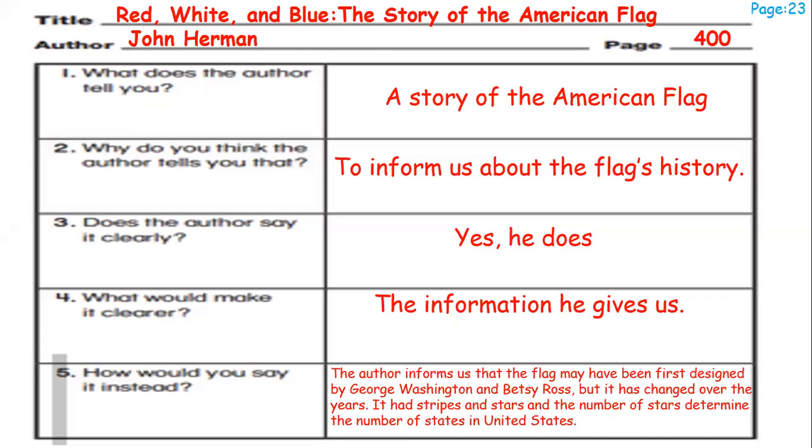The author informs us that the flag may have been first designed by George Washington and Betsy Ross, right? But it has changed over the years, right? It had stripes and stars, and the number of the stars determined the number of states in the United States, right? Okay. Now check your answers.